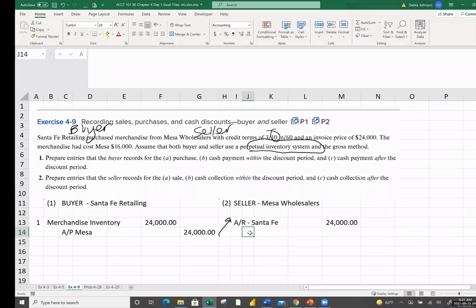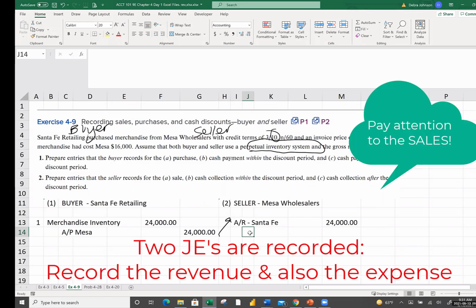And the seller now, this is new, has to do 2 journal entries. They need to put the revenue on the books. That's what we did last year. But they have a second requirement. They also need to put the related expense on the books because GAAP says you need to match up the revenues and the expenses in the same period. So there is their matching transaction that records the revenue.